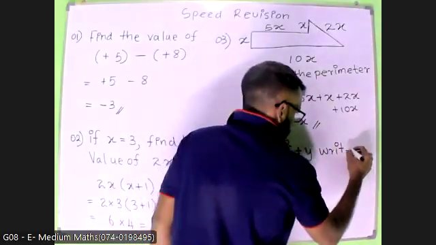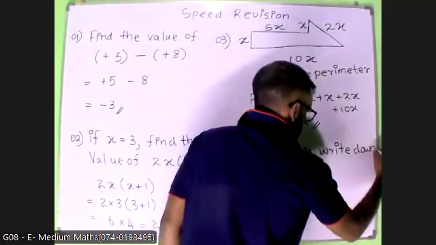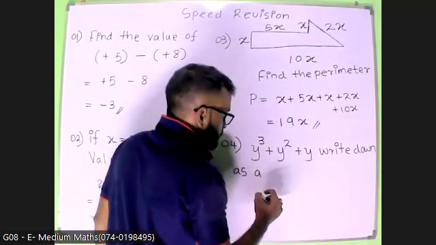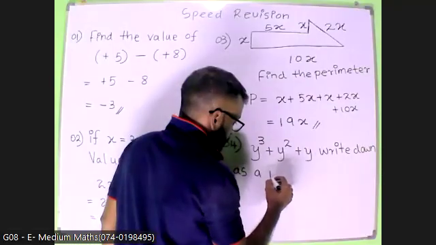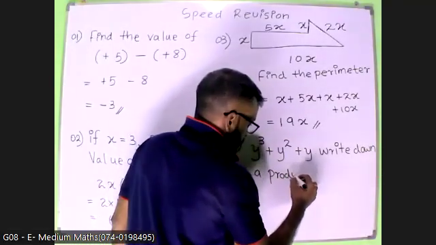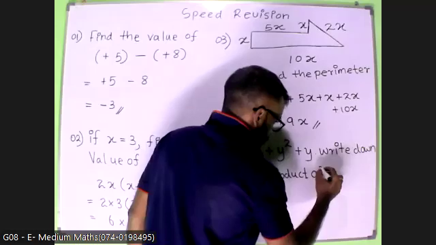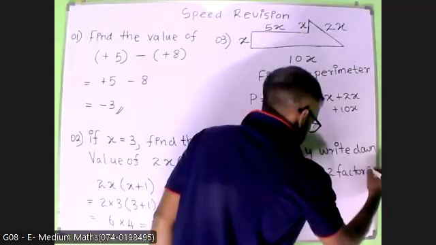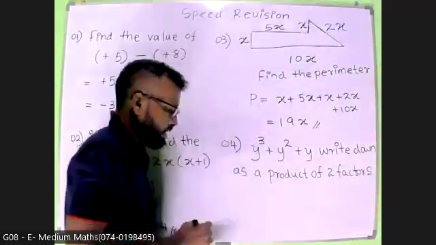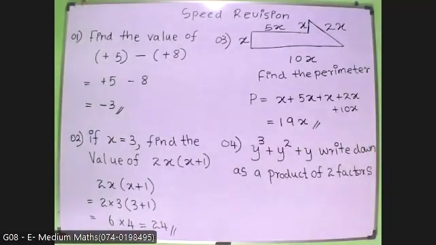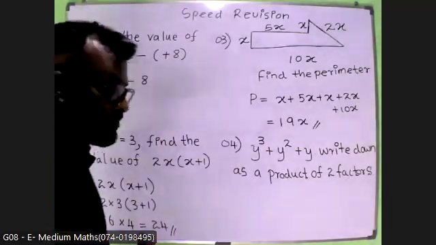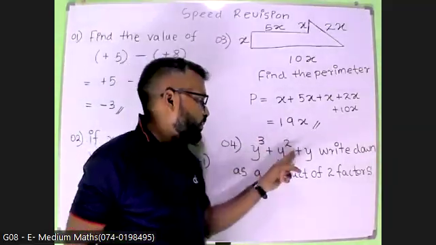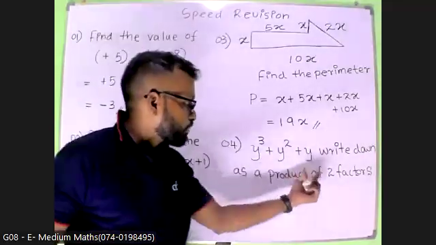Write down as a product of two factors. Write down y cube plus y square plus y as a product of two factors.